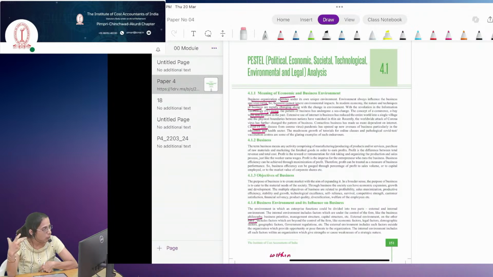Next is technological factors. What technology should I use so that if I operate in this particular domain, my product will be a quality product with unique features, and my cost will be less, and the technology I am using is not obsolete compared to my competitors.